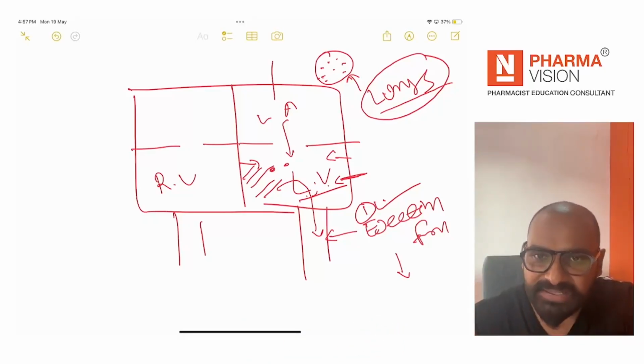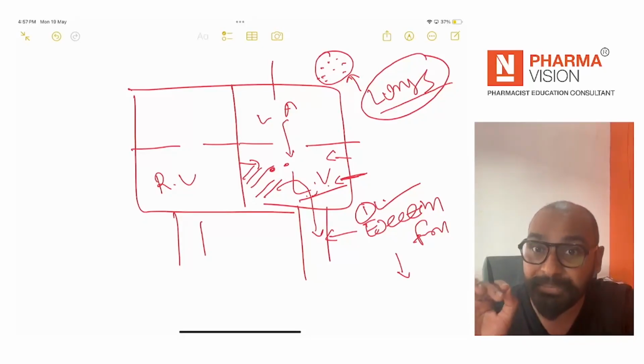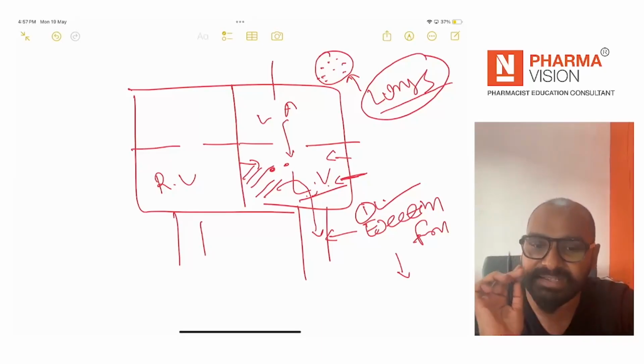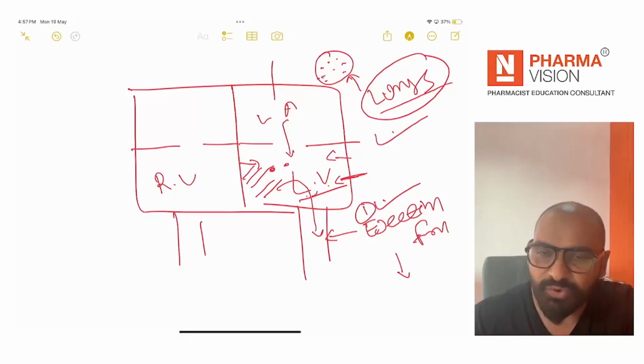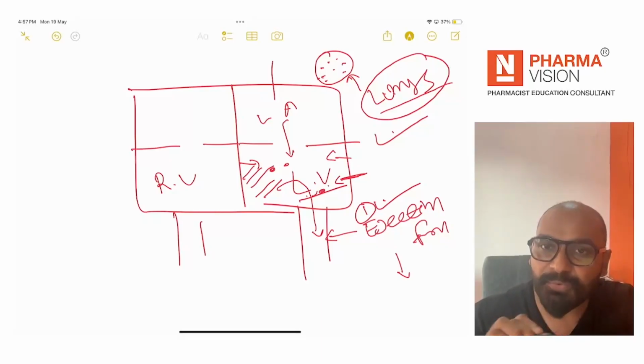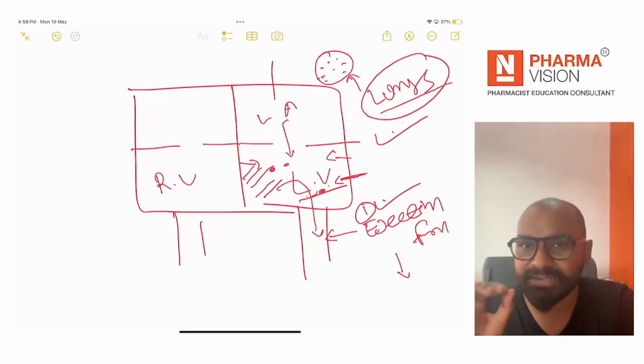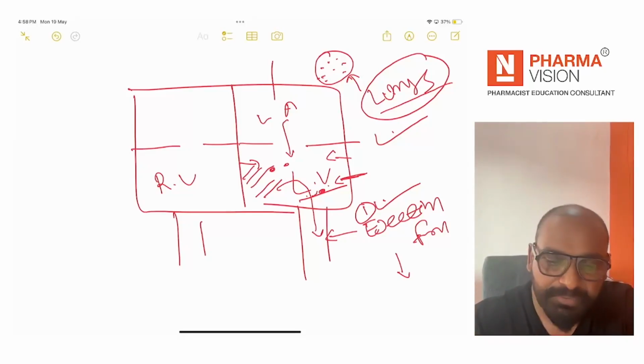In your examination you might get a question like, the patient is suffering from left ventricular failure, all of the following are symptoms associated with it except. So you should have a better understanding. Left ventricular failure means fluid is accumulated in your lungs, and the lung-related symptoms are the major symptoms.